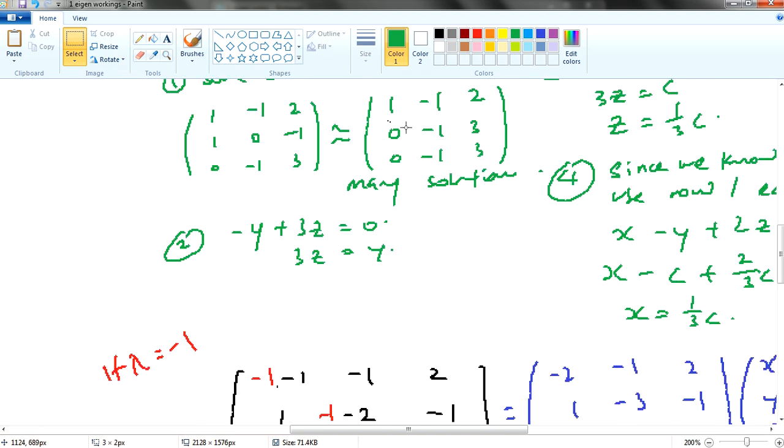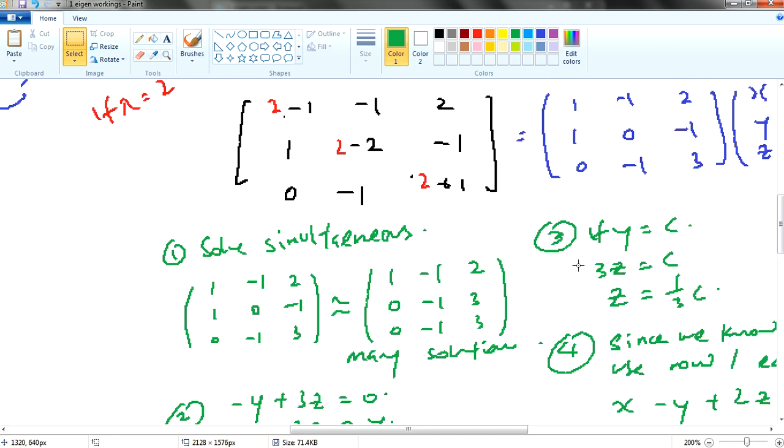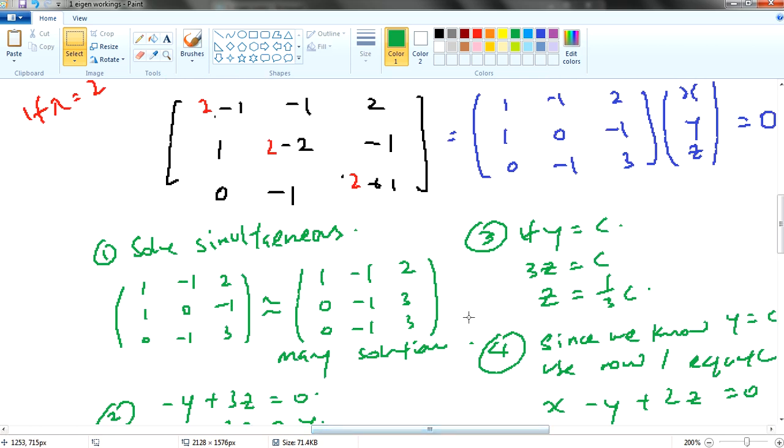So with this set, we can take this relationship, which is minus y plus 3z, if you remember. This is x, y, z.